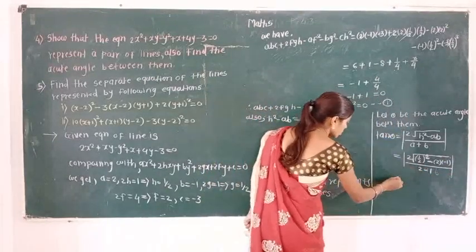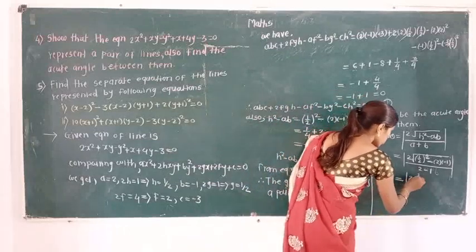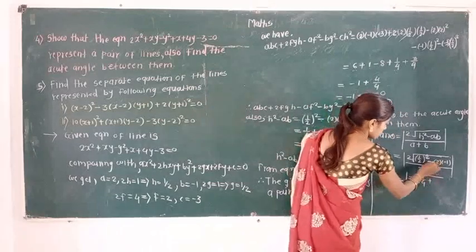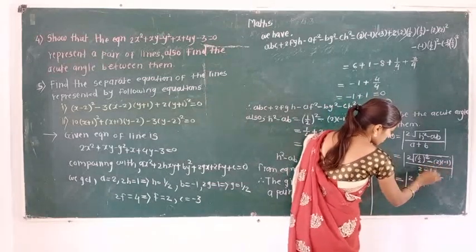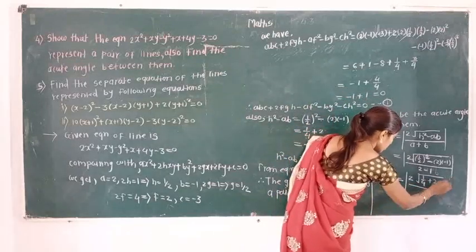Now simplifying, we write 2 as it is, the square of half is 1 by 4 plus 2 ones are 2, and the whole term divided by 1.